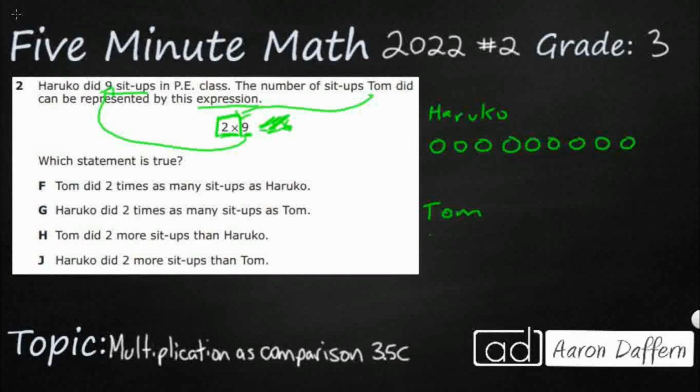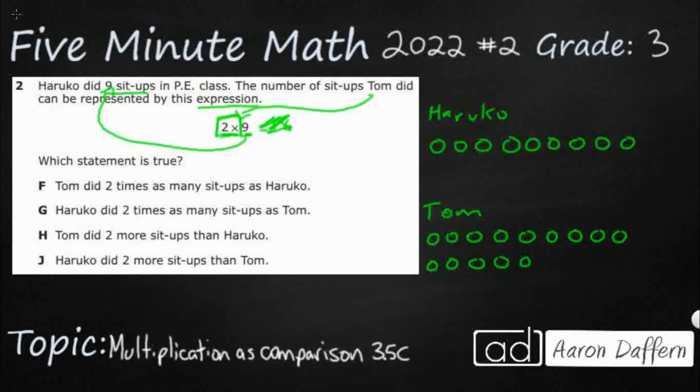So there's a few different ways that we can think about 2 times 9. We can think of it as 2 groups of 9. That's one way to think of multiplication. Another way to think of it is comparison. It's twice as much. You can say that Tom did twice as much.